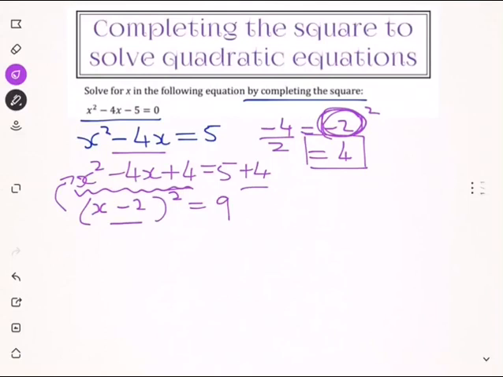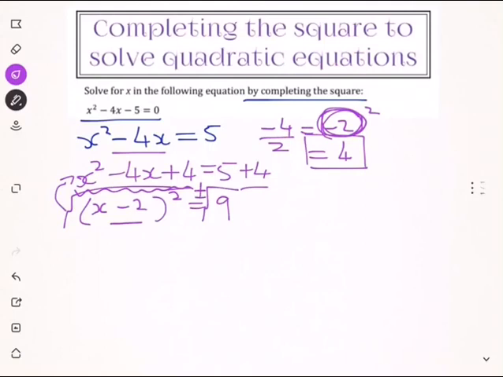Now the next step, we want to solve for x. So our next step will be to square root both sides. You square root this side, you square root this side. An important aspect that you have to put in when you're square rooting both sides is that on this side you have to put a plus minus in front of the square root of 9.